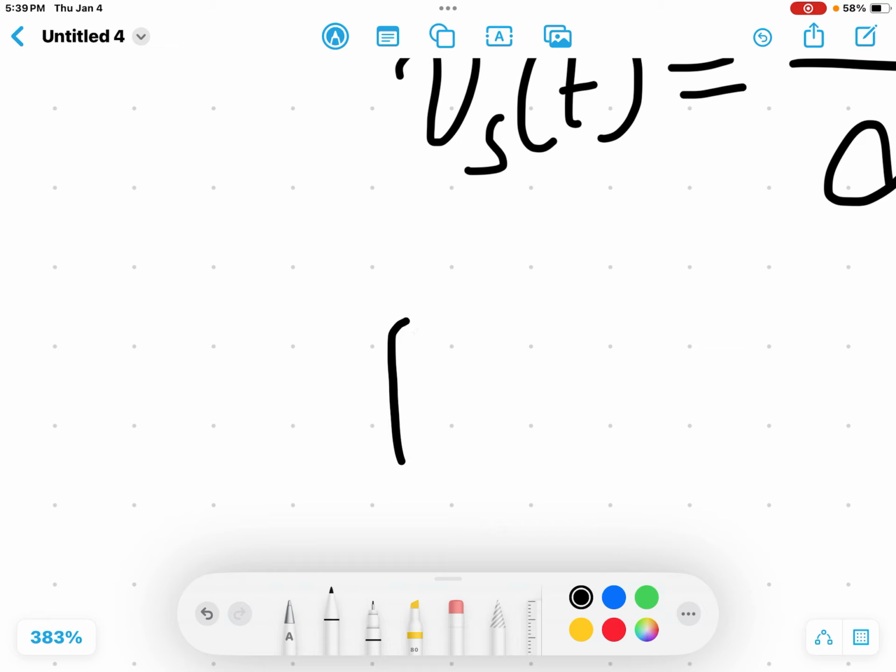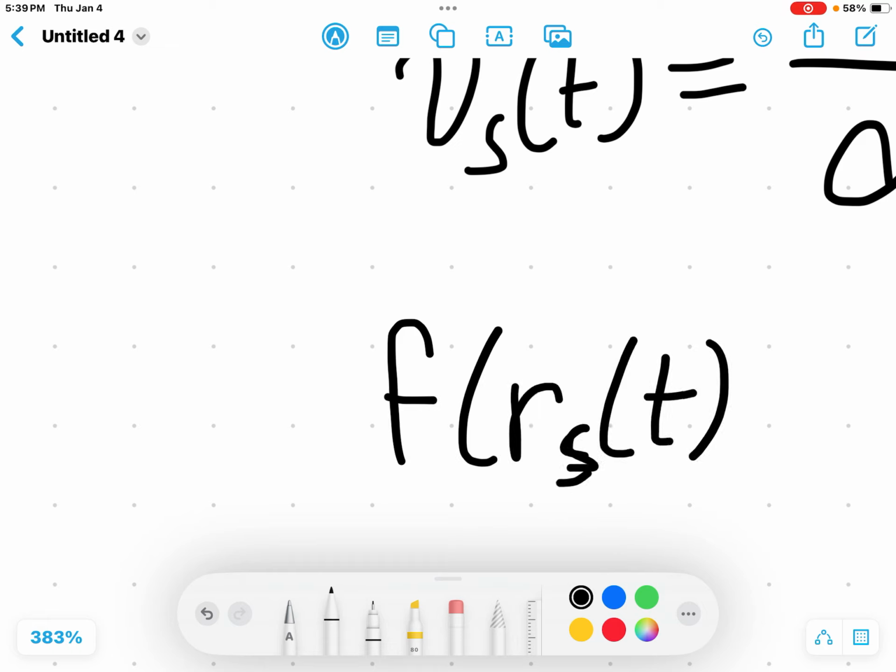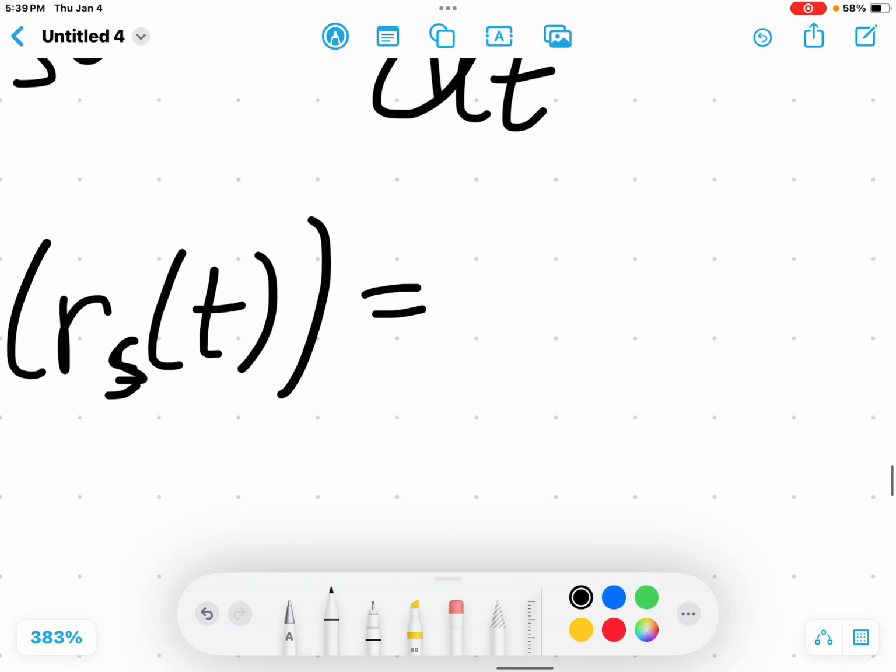So my f(r_s) is then this. It's a bit long.